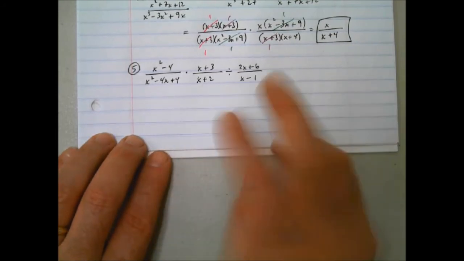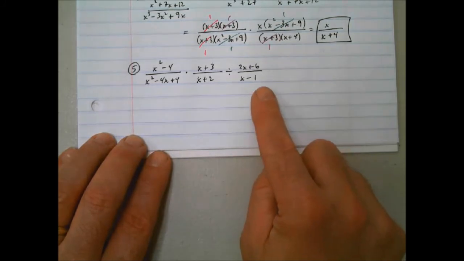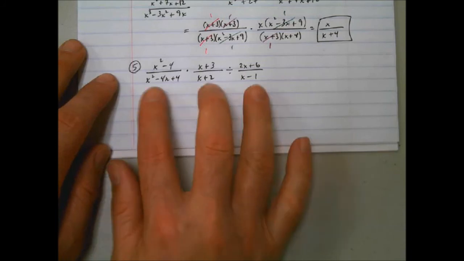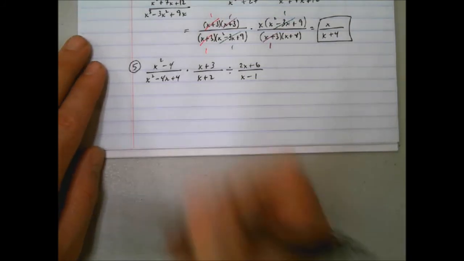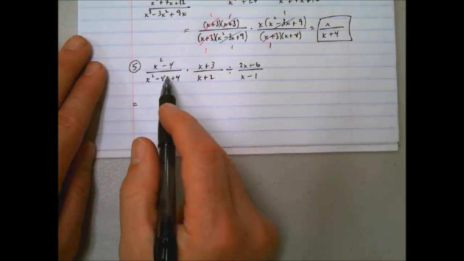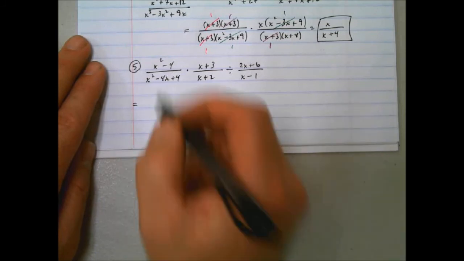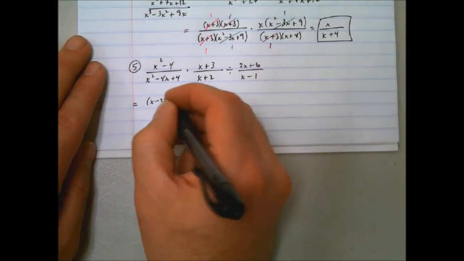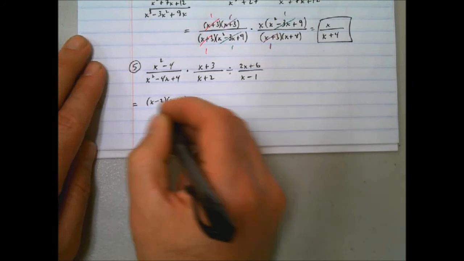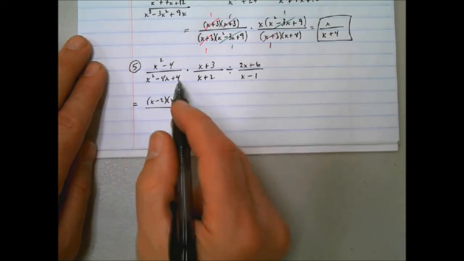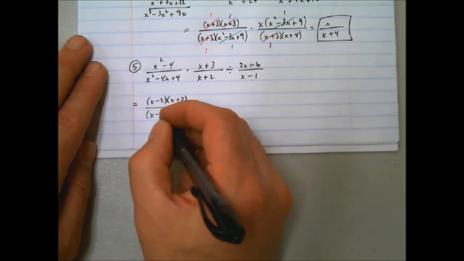But if this is the original problem, I mean, again, we're dividing by a fraction. How do I divide by a fraction? You flip and multiply. So flip the second fraction, and we're going to change it to multiplication. So if this is the original problem, perhaps you're writing it out in factored form. X squared minus 4, that's x minus 2 times x plus 2.